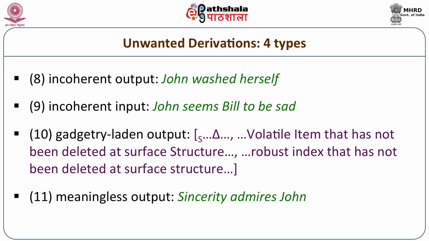So you've got 4 problems for which we would like to propose a filtering approach, that the derivation is filtered out, that it is rejected as a bad derivation. The 4 cases are where the output is incoherent, where the input is incoherent, where there is gadgetry in the output, and where the output is meaningless.